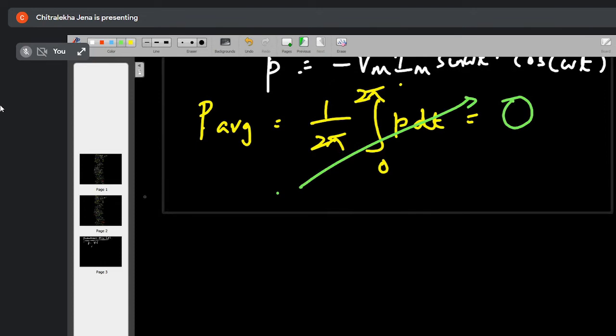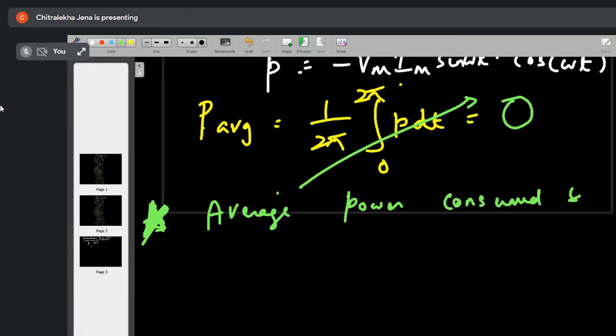So here you are getting a very, very important conclusion: the average power consumed by a pure inductor is 0. Okay, this is very important.